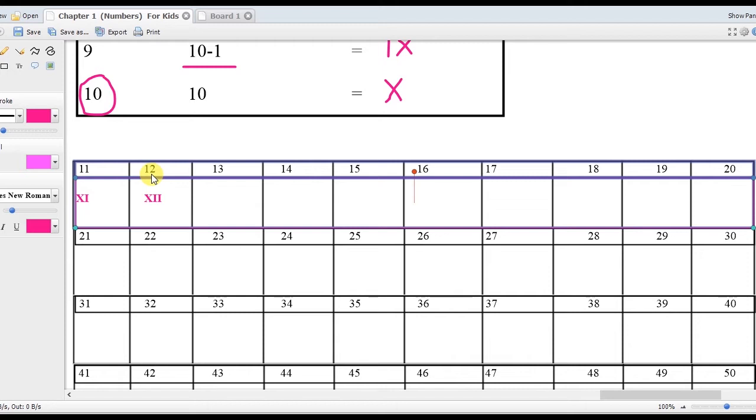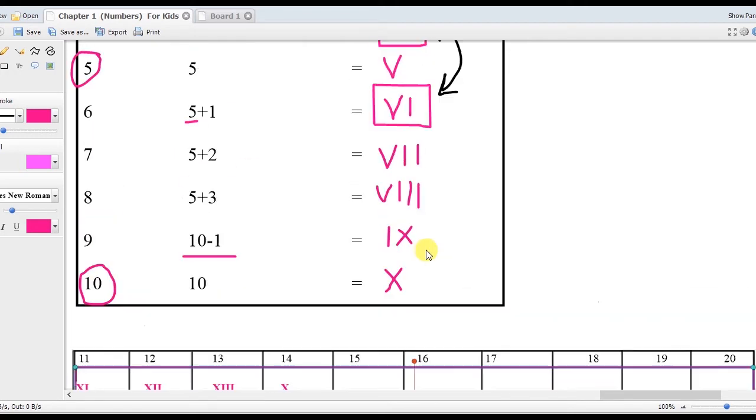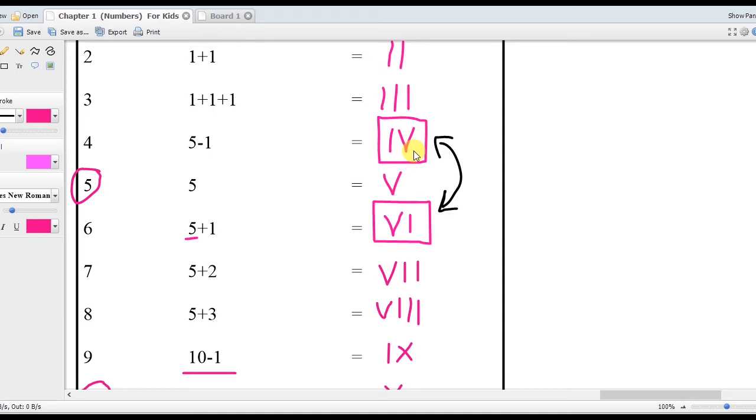Because 10 is one of our basic symbols, right? So this is X, and write 3 sticks. For number 14, 10 plus 4 is 14. So here comes 10, the Roman representation of 10 is X. And now coming to the 4, we have already learned 4, which is this I and V, right?